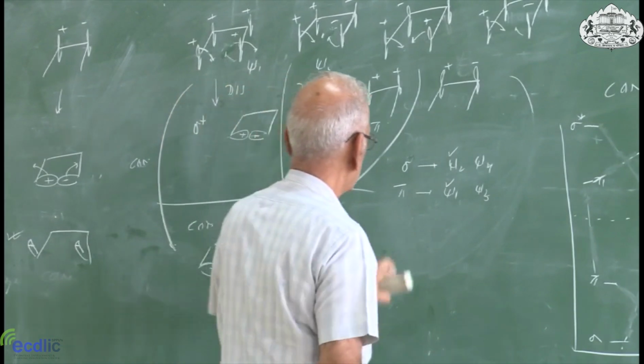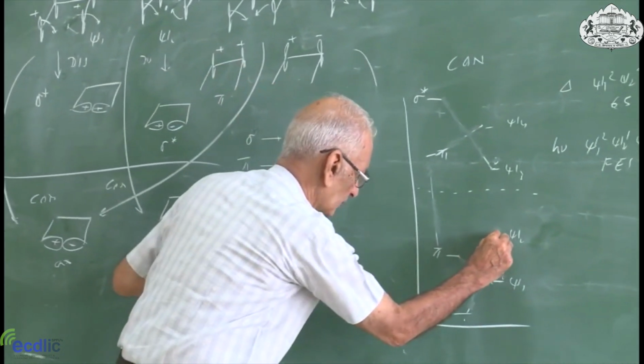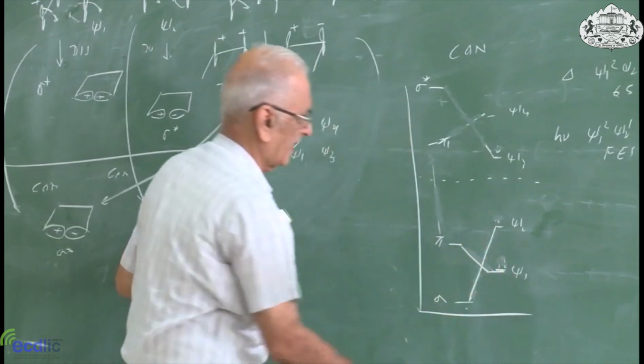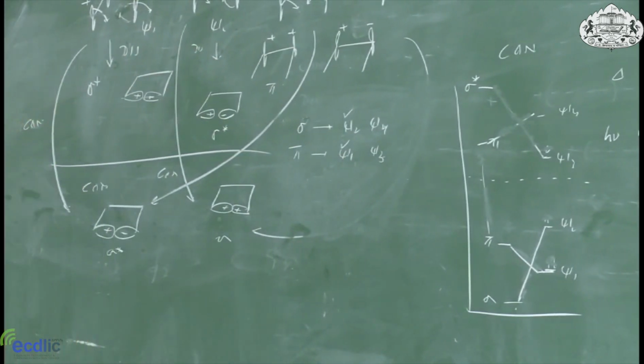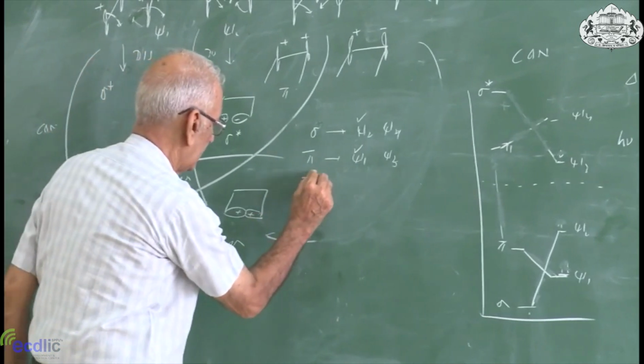So, sigma is correlated with psi 2, pi is correlated with psi 1. Look at pi star.